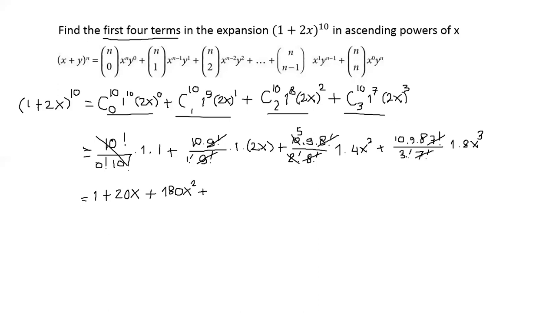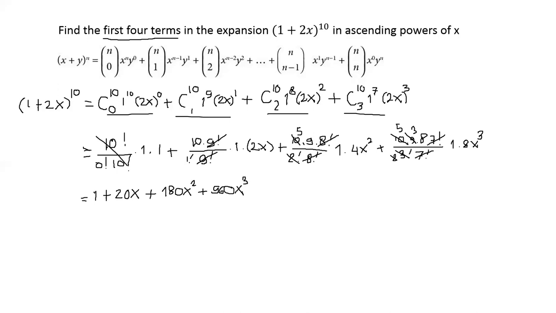If we simplify, 3 divides 9 to give 3, and there is 2 here. 10 divided by 2 equals 5. So 5 times 3 times 8 times 8 equals 960x cubed.